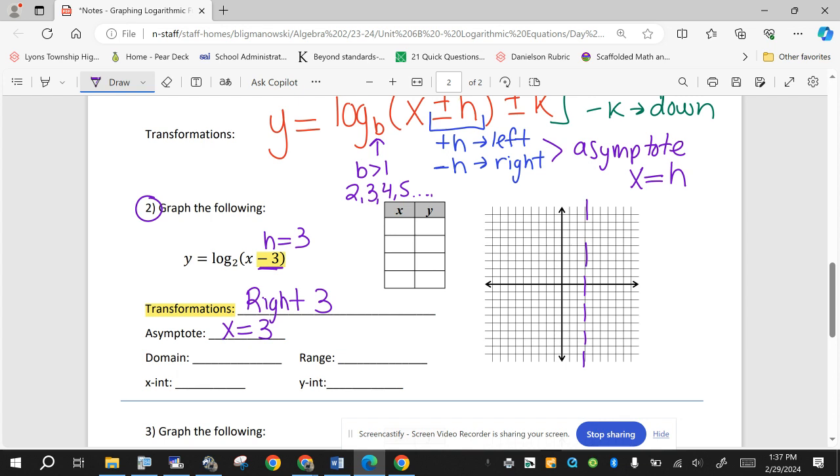Now, to plot my points, I am going to put the equation into Desmos, but I'm not going to put the whole equation into Desmos. I'm only going to put log base 2 of x. So you're just putting the parent function in, not the whole function.